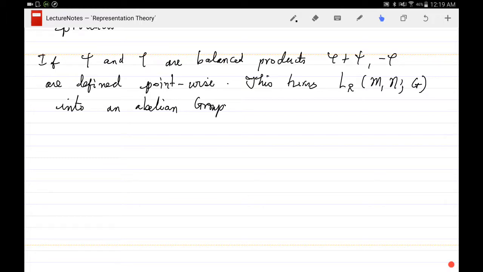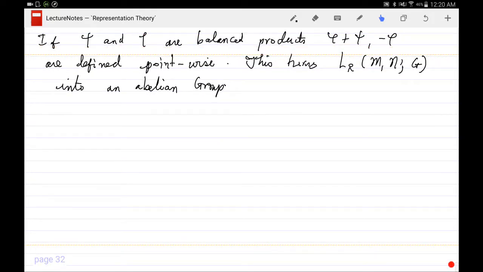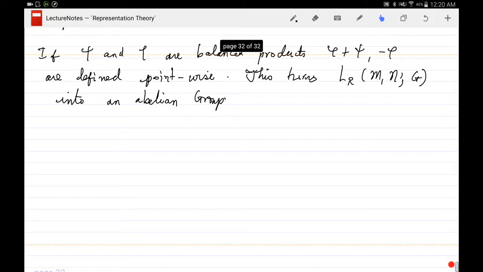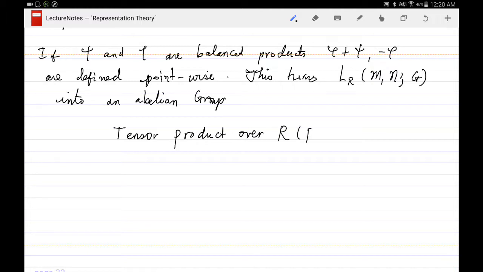So now with this, we can define a tensor product over a ring. So now we have a tensor product over R, which is a ring.